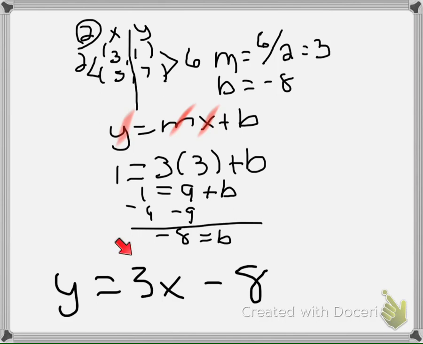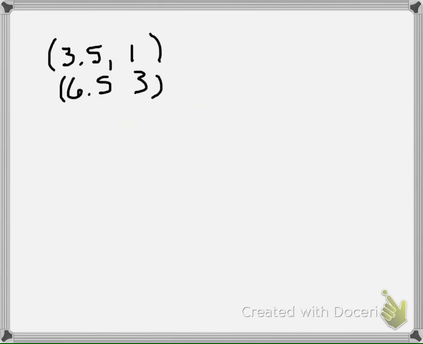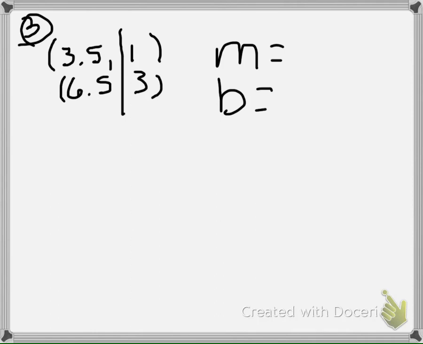M, B. Trying to find the same two things every single time. Write the points down. Make this look like a table. Change in Y. Hopefully you already have it too.